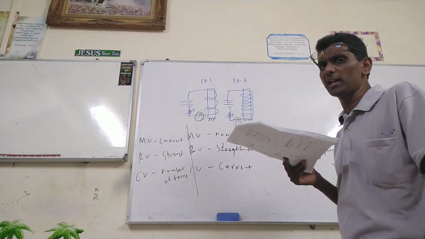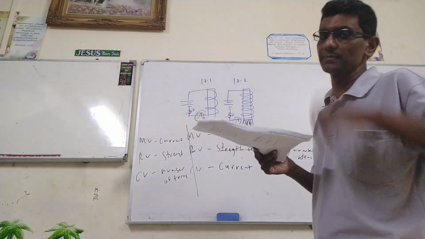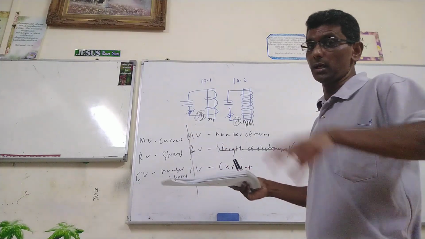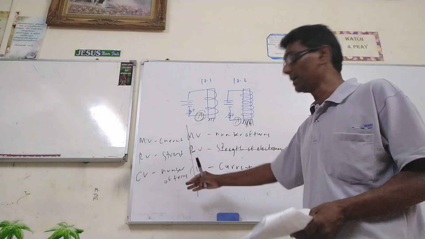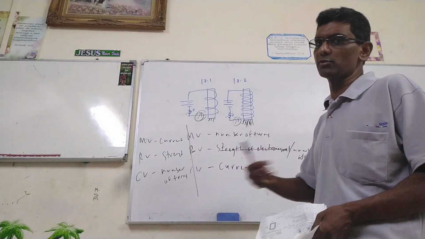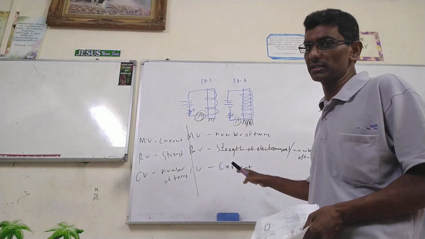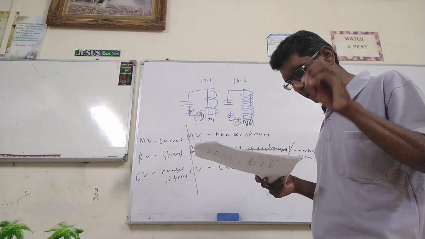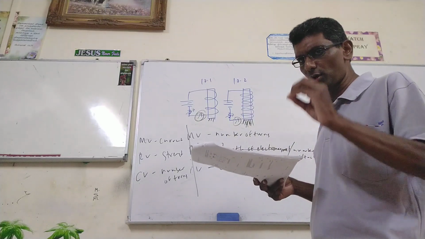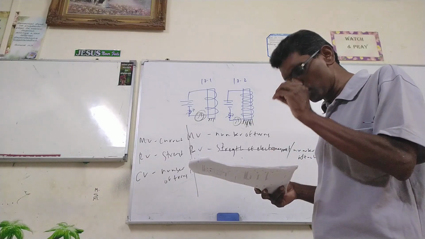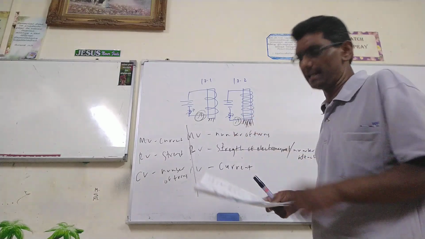In another question, when the current increases, the strength of the electromagnet increases. This question is about the number of turns. So the fifth point: when the number of turns of the coil or solenoid increases, the strength of the electromagnet also increases.